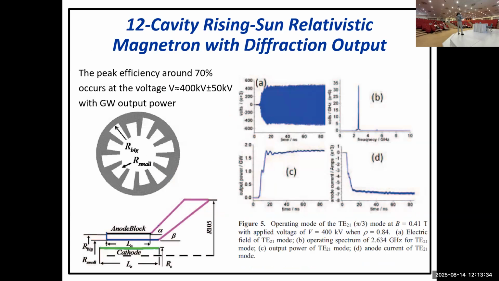Yeah, so again, some Chinese groups are really big and good, and they have the resources to do experiments faster than others. They came up with the rising sun that you saw this morning, and they open it axially. So they are trying to get axial extraction, diffraction output.